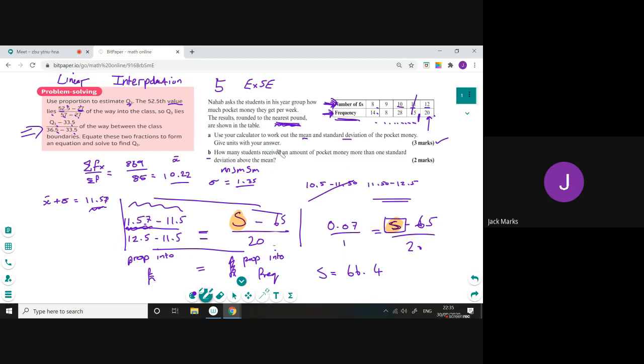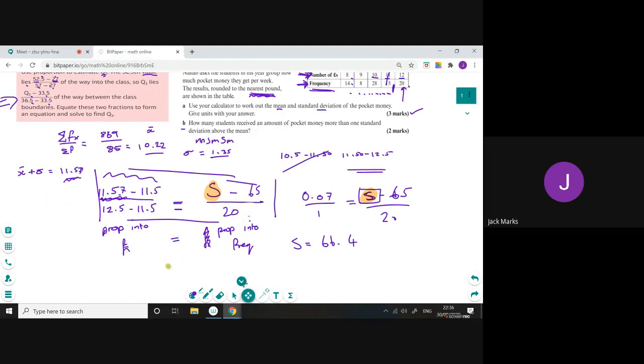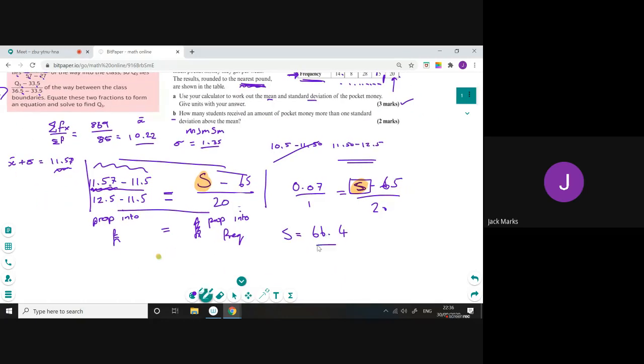Check the question though. How many received an amount of pocket money more? Well, this takes you to the 66.4th position, and there are 85 in total. So how many people are above 66.4? Well, it's 85 minus 66.4.